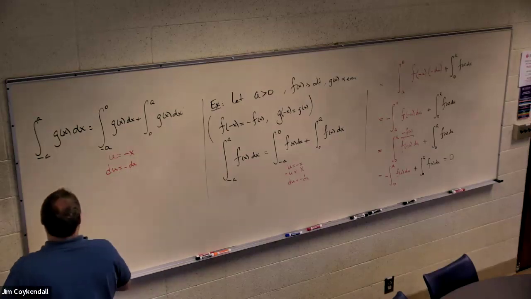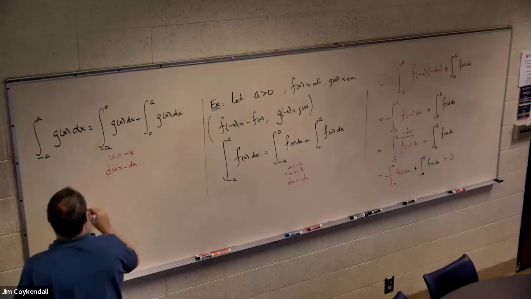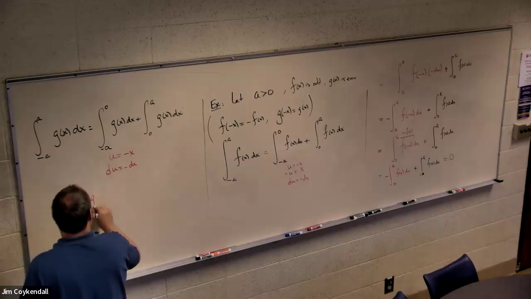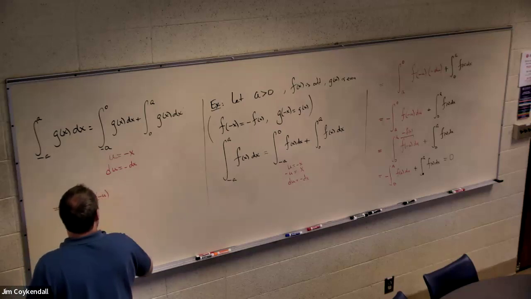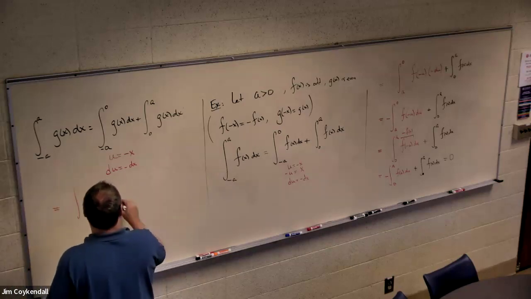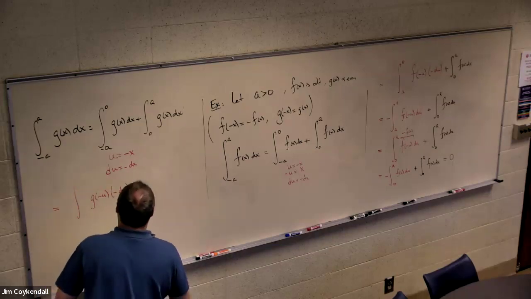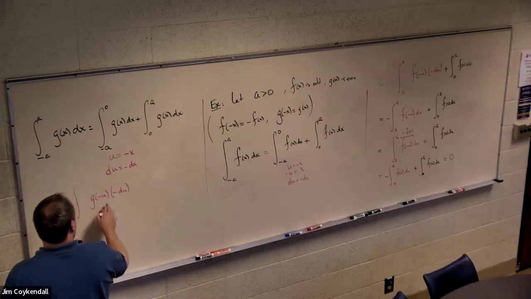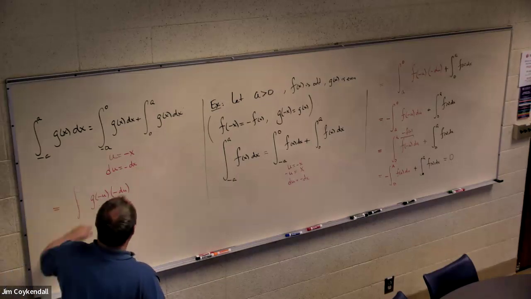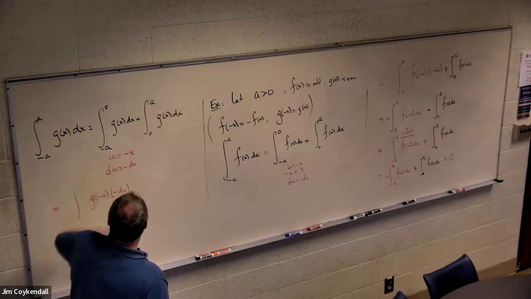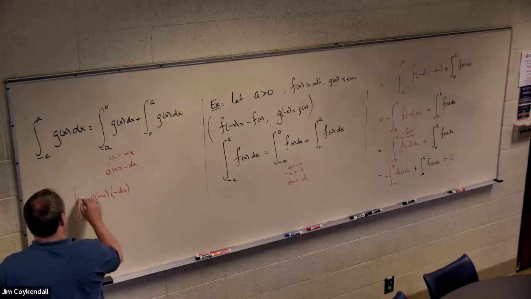So the first integral becomes g of minus u times minus du. And my new limits, when x is negative a, u becomes a.